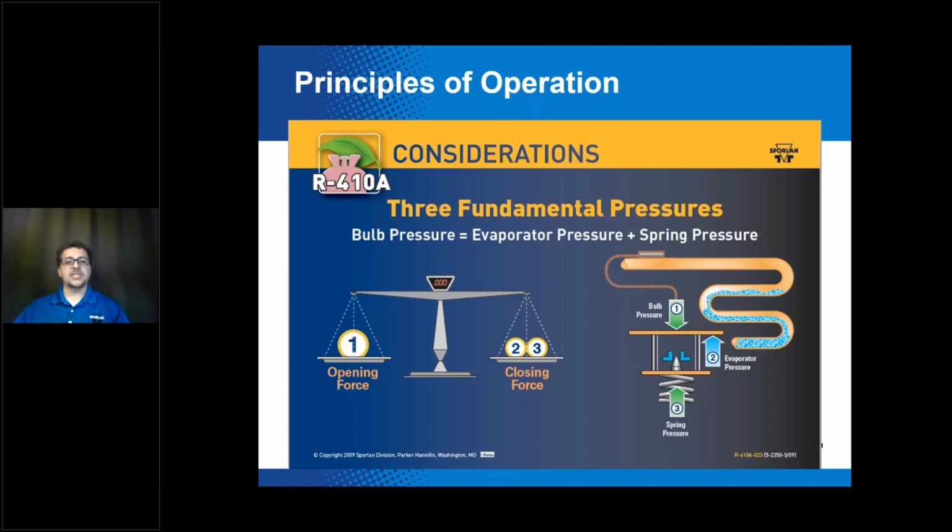When that bulb temperature increases, the pressure inside the thermostatic element also increases, creating more force or pressure on the top side of that diaphragm. It flexes the diaphragm, causing the pin to move away from the port, allowing more flow through the valve and into the evaporator. So the valve is going to continue in this opening direction until that bulb pressure balances with the sum of the evaporator pressure and the spring pressure. And the position of the pin in relation to the port is going to be determined by that difference between the opening and closing forces.